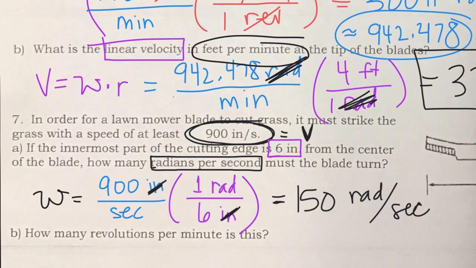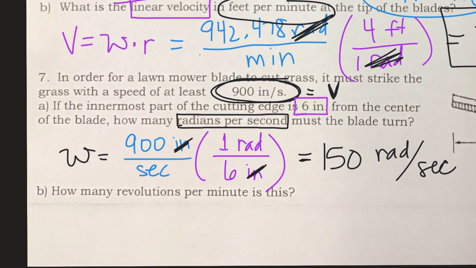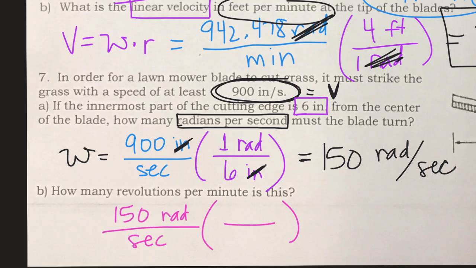So how many revolutions per minute is this? That's our next question. How many RPMs? Well, if I have 150 rads for every second, how many rads are in 1 revolution? 2 pi rads. And how many seconds are in a minute? 60 seconds.